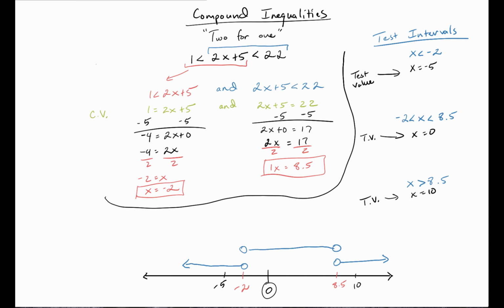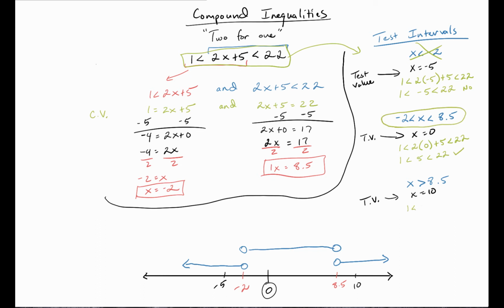Then I take that entire original compound inequality, 1 is less than 2x plus 5, which is less than 22, and I plug in my test value. So -5 for the first one does not work. When I plug in 0 for the second one, I see that it in fact does work. So I know that that interval is good.